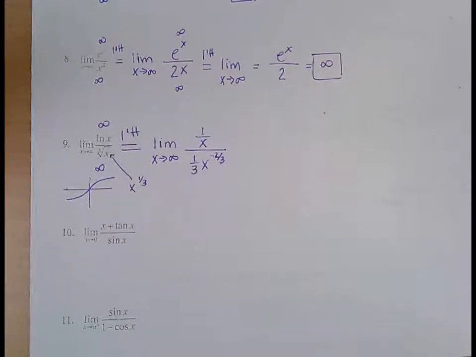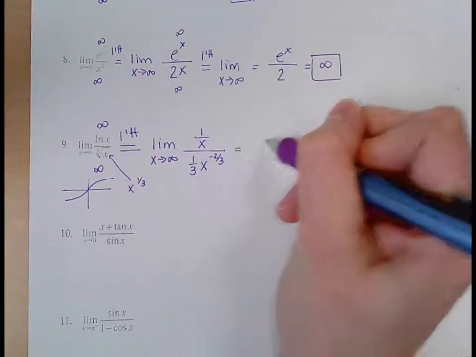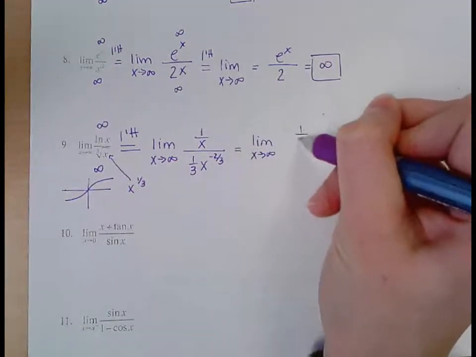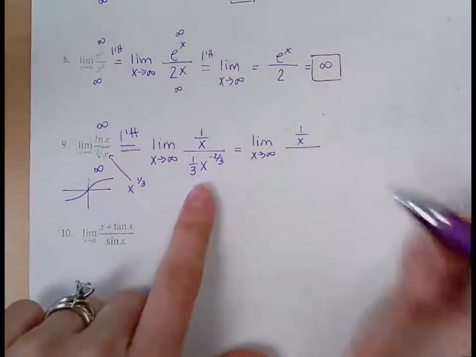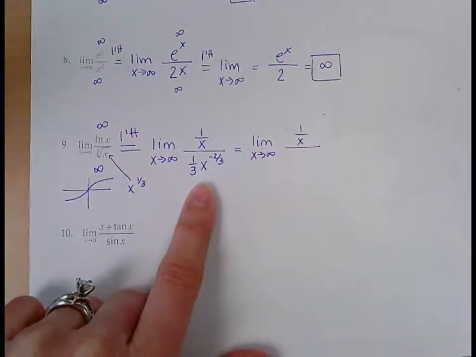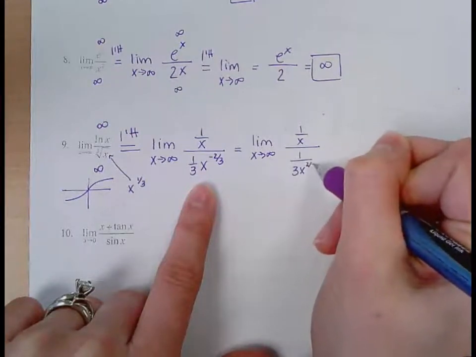So what I would do is I'm going to keep this as 1 over x over, and if I rewrote this, I'm going to keep the power of 2/3 but put it in the denominator, so it would be 1 over 3x to the 2/3.